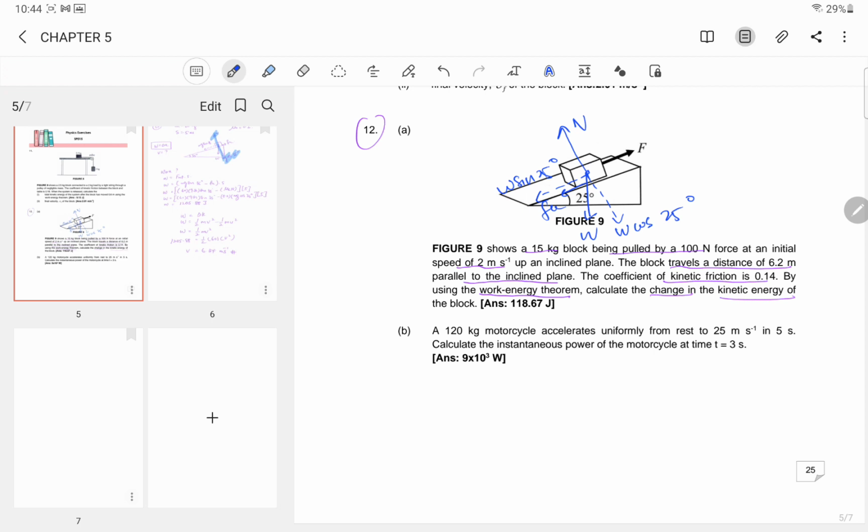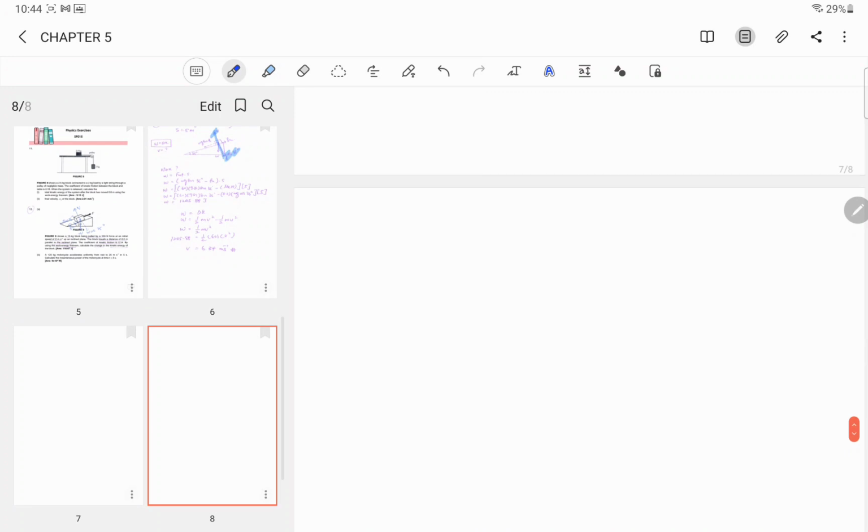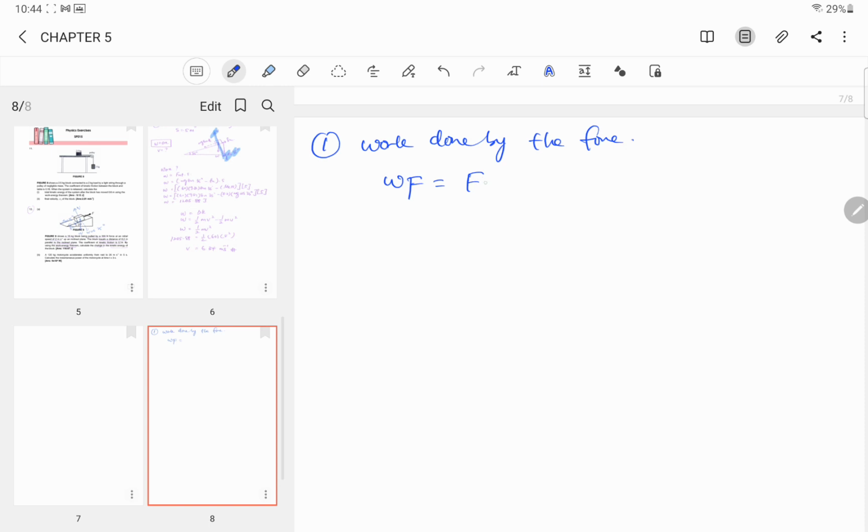Now, the work done by the force. Firstly, work done by the force equal to F s cos theta.